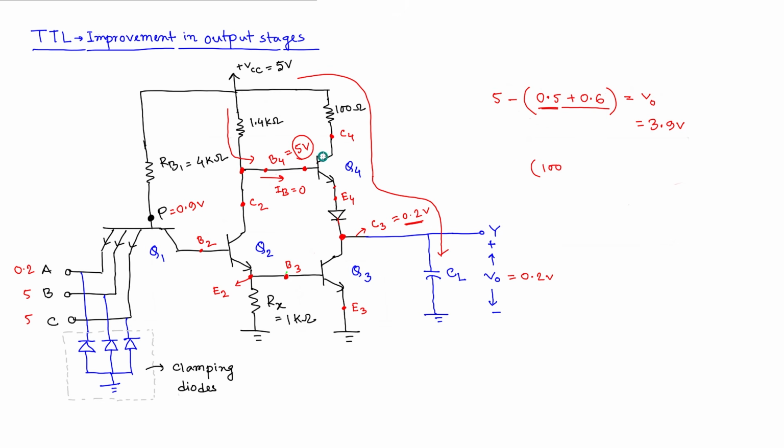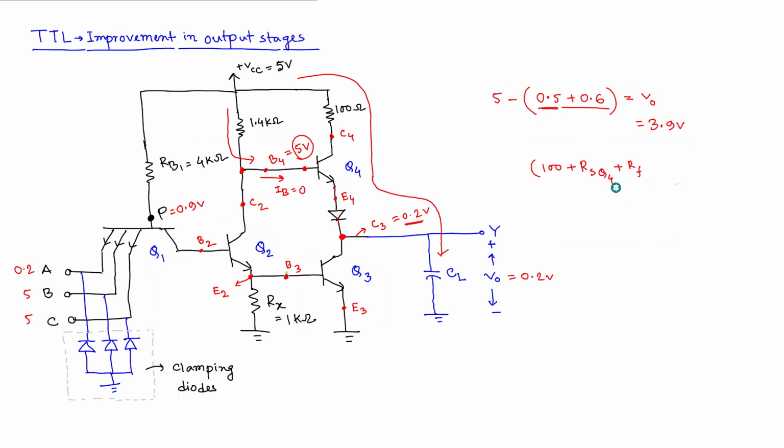Then whenever in saturation, what is the resistance we can find through this path for this particular Q4? So let us call that RSQ4, saturation resistance. And what is the diode resistance? It is also a dynamic value, but still we will take a static value to make everything easier. Let us call that RF.